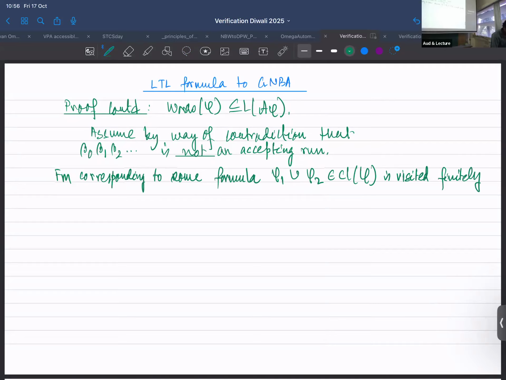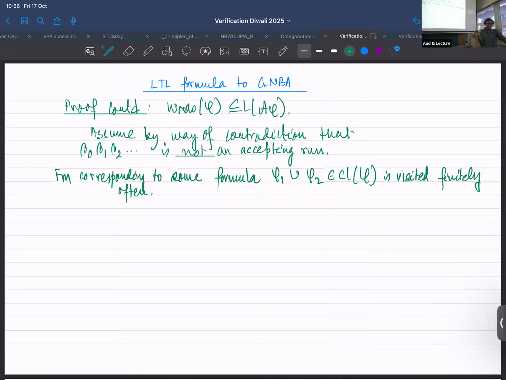Just to clarify, if phi does not have any until formula in it, then is there no accepting state? So there can be two cases for the accept states.